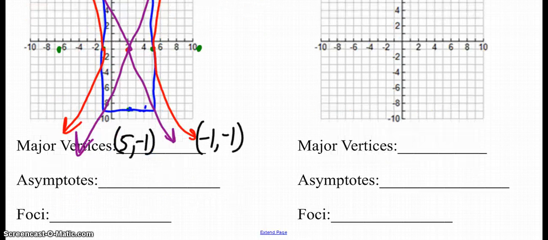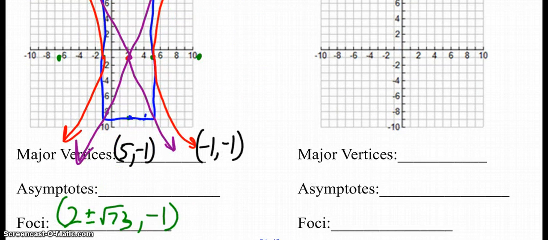So the foci then are going to be the point 2 plus or minus the square root of 73, comma, negative 1. So I added and subtracted the C value, square root of 73, to the X value of the center, and then the Y value did not change.